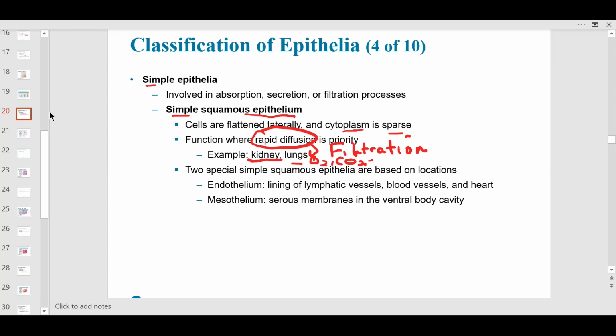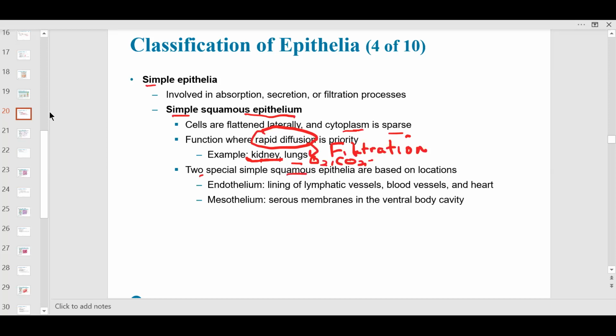It filters the blood, then it's either going to excrete through the urine or it's going to reabsorb it back into the blood. That's why the kidney tubules, which are simple cuboidal epithelium, are mostly about secretion, right? Secretion. But if you said absorption, I would accept it. No problem at all.